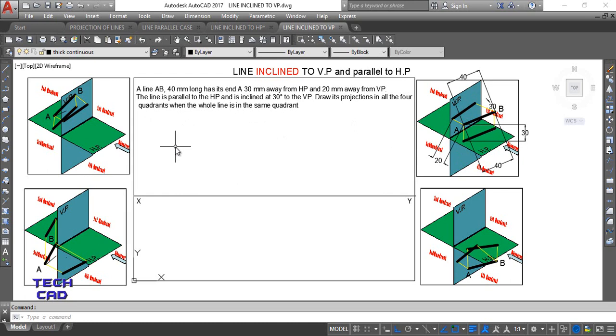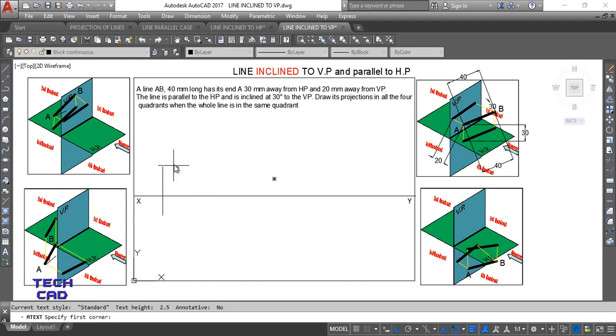So if the end A is given, you have to start with the end A projection. So I'll make a projection of end A first. End A is given, so you are going to make the front view of end A, which is above HP, 30 mm, so I will make it like this. Again take a line, in front of VP it is 20, so this is done.